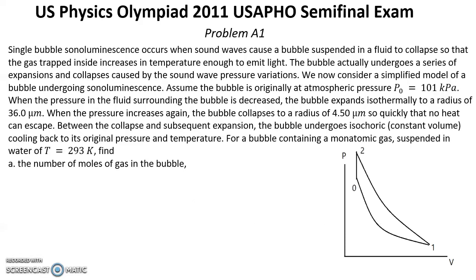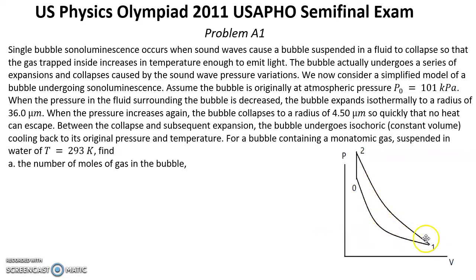To start solving this problem, first let's draw the VP diagram for this process. Initially we have point 0 with an initial unknown volume, but in point 1 we have a known volume which has a radius 36 micrometers, and that was isothermal expansion.